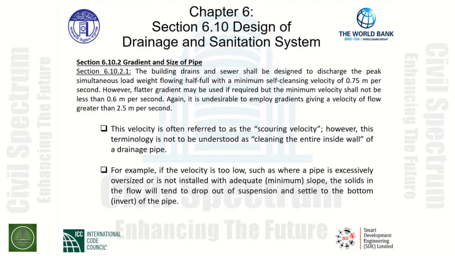This velocity is often referred to as scouring velocity. We recall this from before. However, this terminology is not to be understood as cleaning the entire inside wall of the drainage pipe.